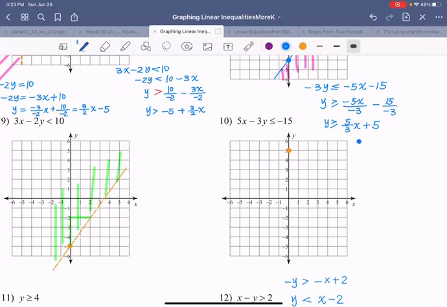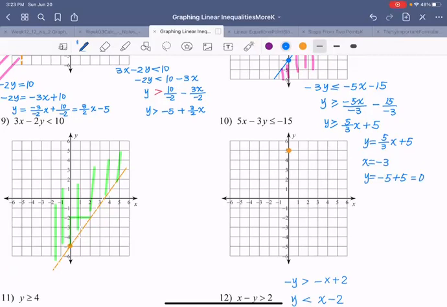So we know the linear function is this. Let's take a look at when x goes to negative 3. When x is negative 3, y equals negative 5 plus 5, which equals 0.